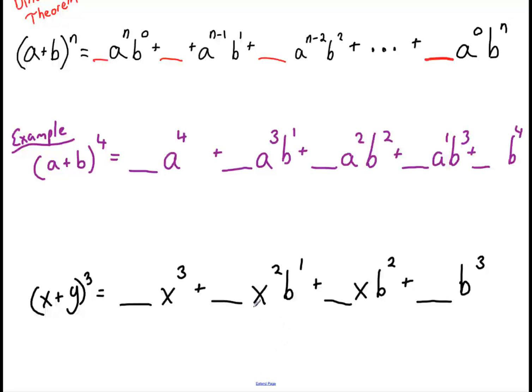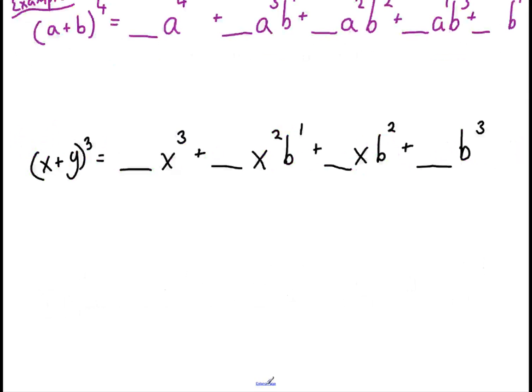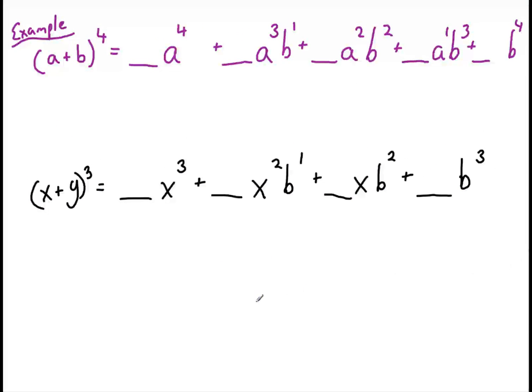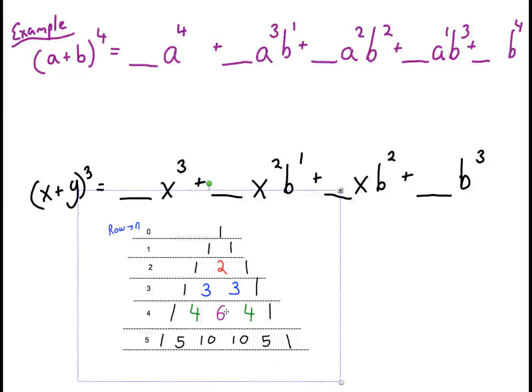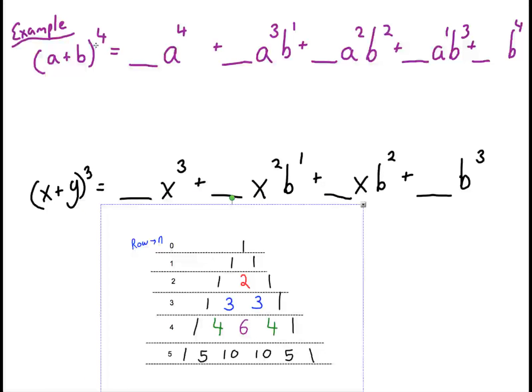Alright, let's fill in these blanks here. And this is where we need Pascal's triangle. So let's just copy Pascal's triangle from the previous slide. And now notice that we used n here to represent this exponent.